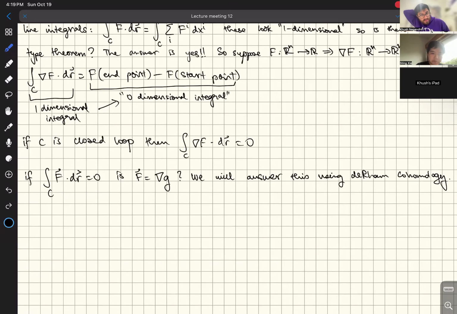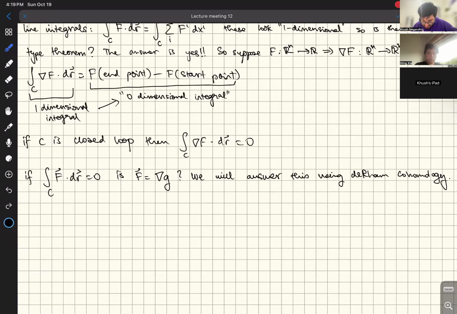Okay, so now let's look at a general line integral. Suppose we have the integral over a curve of p dx plus q dy. Remember, this is what the most general line integral looks like.